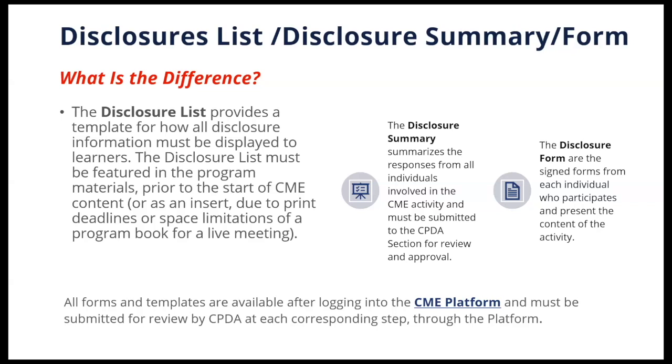We no longer require the actual disclosure forms. The only thing that is needed at our level is the disclosure summary and the disclosure list. So please keep in mind that these are required materials that need to be reviewed and approved by our team administrators. And if you have any questions during the live Q&A, we'll be happy to address some of your questions if you have some. And again, those forms and templates are available on the platform as well.